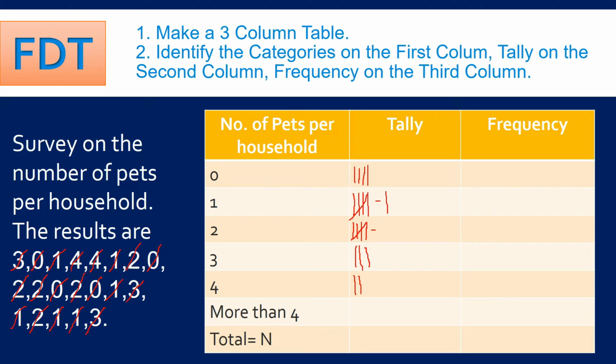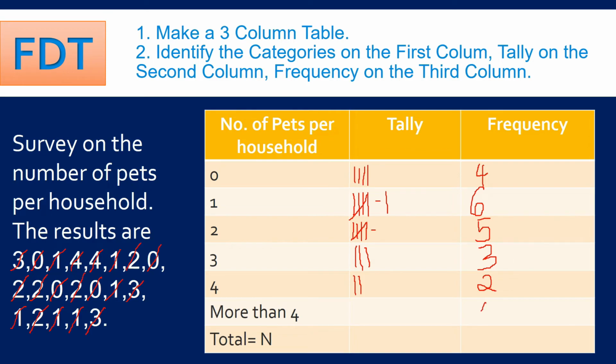In 0 pets, there are 4. So we are going to write 4. In 1 pet per household, there are 6. In 2 pets per household, there are 5. In 3 pets per household, there are 3. For 4 pets in the household, there are 2.